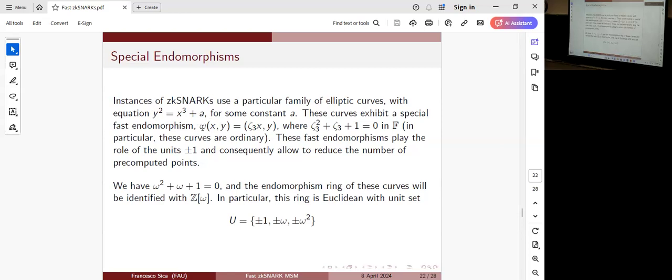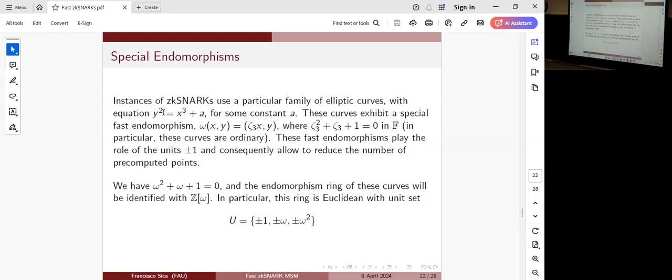In fact, some elliptic curve of this form for some specific A. Okay? And this curve has a special endomorphism. In fact, there is a special map which changes the point (x, y) to (zeta_3 x, y), where zeta_3 is just a cube root of unity in the field.